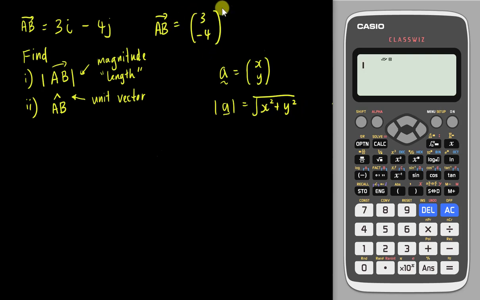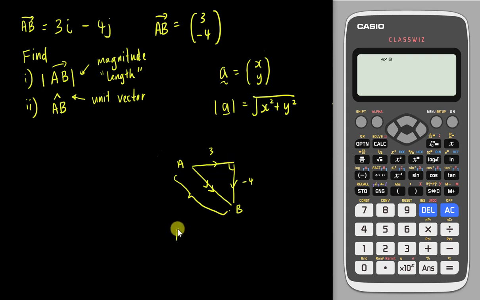So imagine, if vector AB is 3, negative 4, so it's kind of like 3, minus 4. This one will be the vector from A to B. This is my vector AB. So if I want to find the length of AB, definitely you learned about Pythagoras before, right?